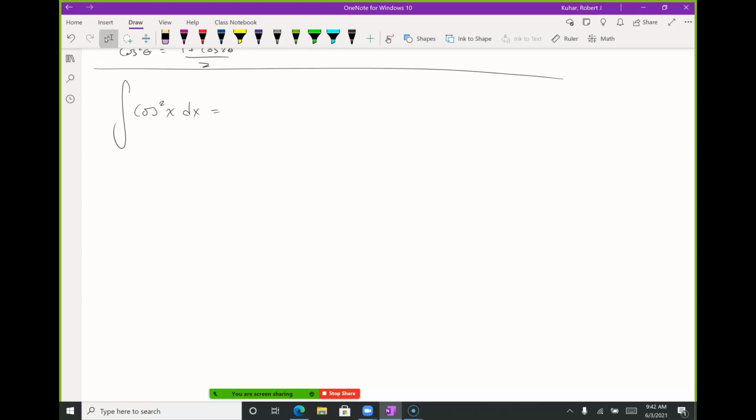It's the first choice when I see a singleton trig to an even power, and again, remember, my thought is I'm going to restrict to sines and cosines. Let's see what happens with the power reduction. So this is now the integral of (1 plus cos of 2x) all over 2 dx.